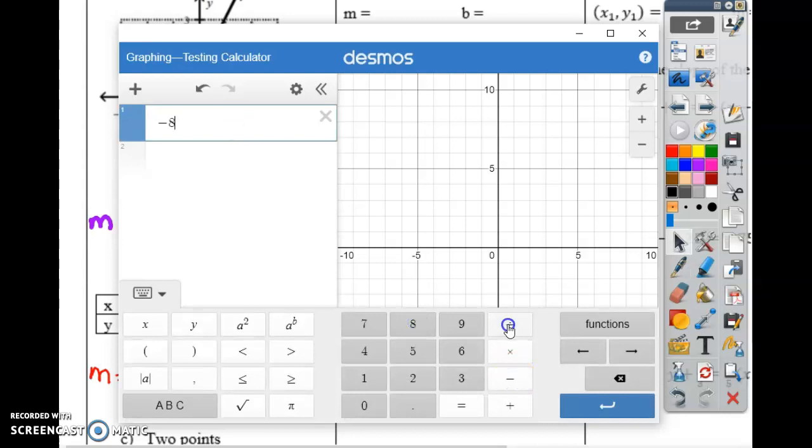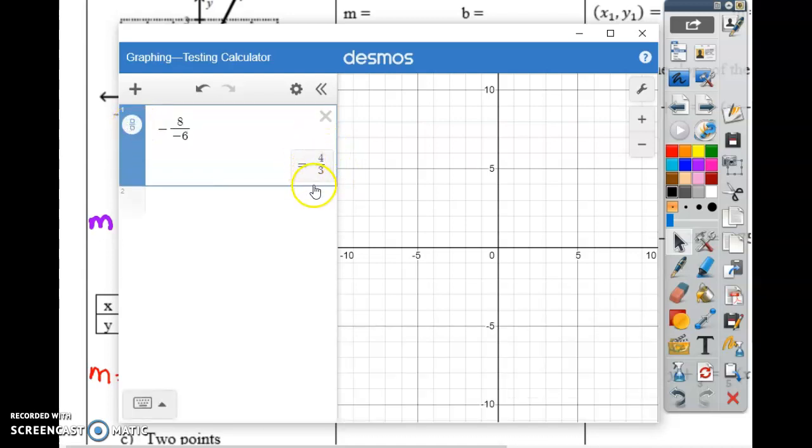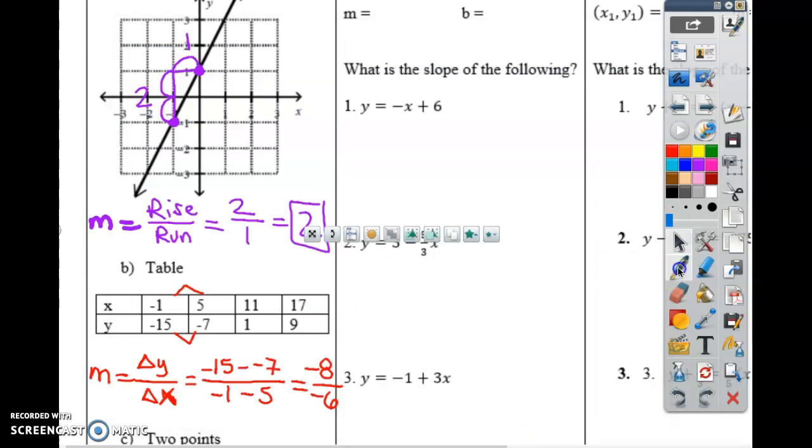And hit the fraction button. Okay, the fraction is 4 over 3, so that's your slope. 4 over 3. So right here somewhere, I would just put equals 4 over 3.